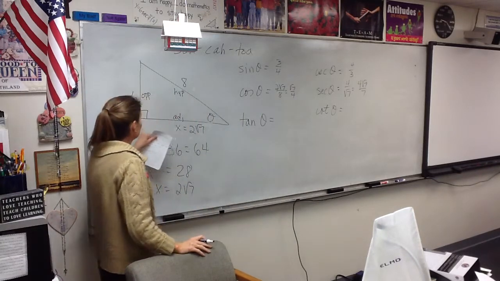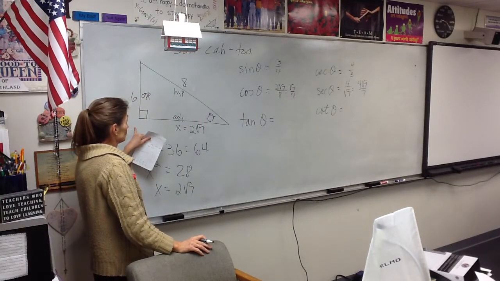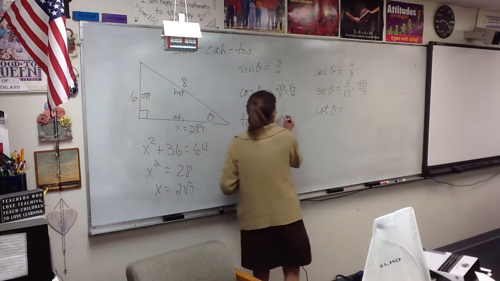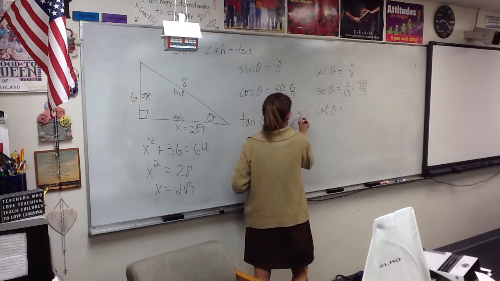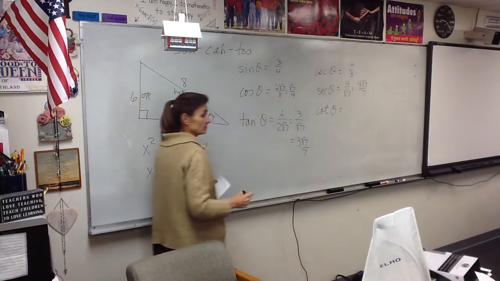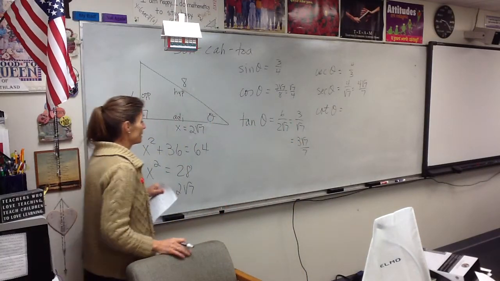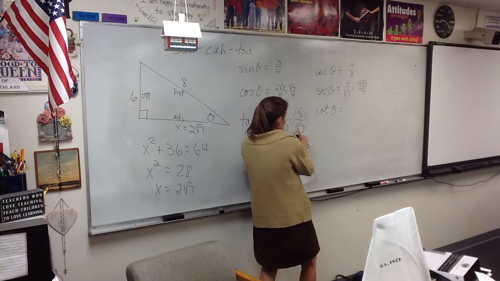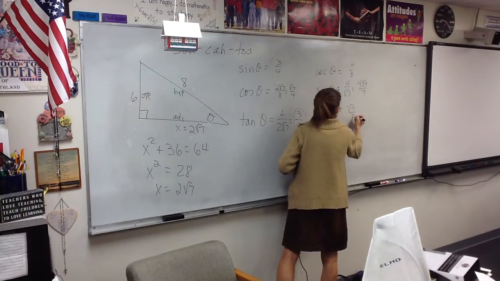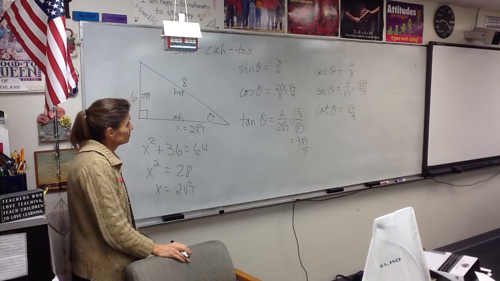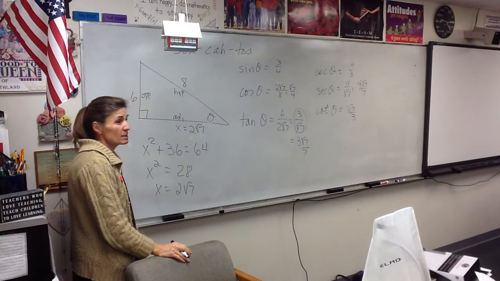What's my tangent? 6 over 2 root 7, which reduces to 3 over root 7, which reduces to 3 root 7 over 7. And then for my cotangent, I'm not going to flip that one, I'm going to flip this one, because that makes my cotangent root 7 over 3. That's pretty easy, isn't it?